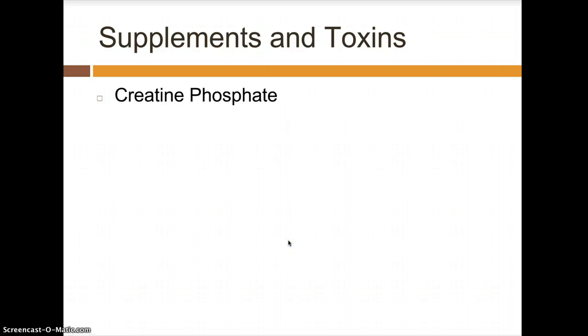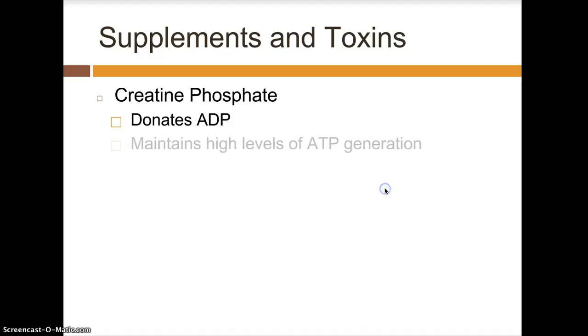Okay, so supplements and toxins, this is kind of an interesting application. Some people that are bodybuilders will use creatine phosphate, and some of you may have heard of this. Essentially what it does is it donates phosphate to adenosine diphosphate, which allows your body to bind additional phosphate groups to that ADP, and it maintains high levels of ATP generation.